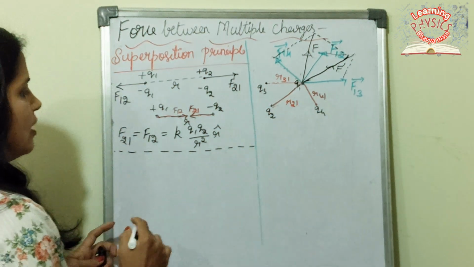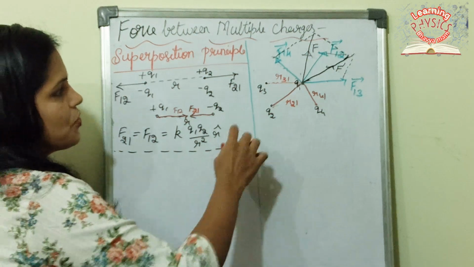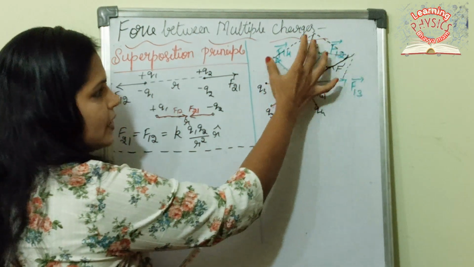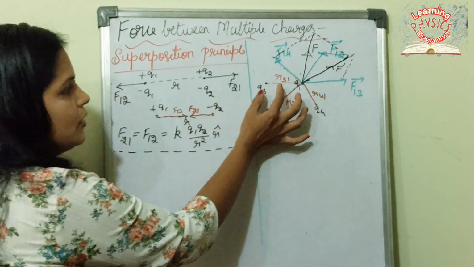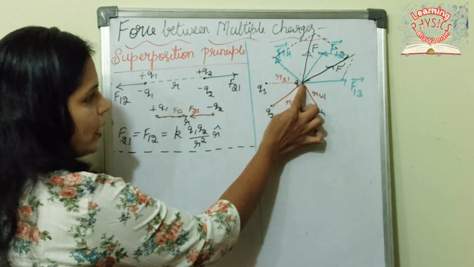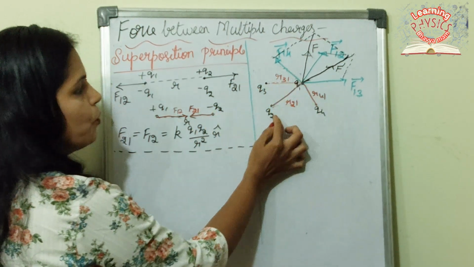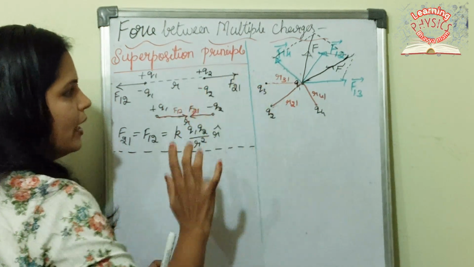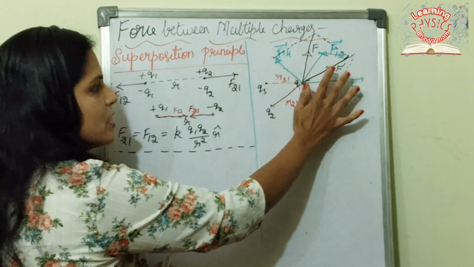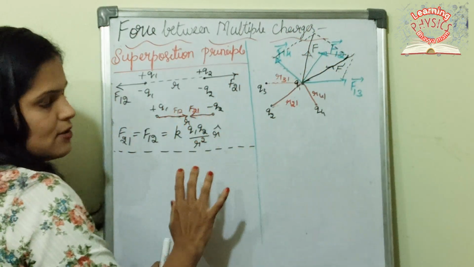Now instead of doing like this, it will be complicated for you to find. That's why I'll take only two charges. Q1 is the one charge on which two more charges exert a force. I'll take only Q2 and Q3, so that I'll make this picture easy for us to understand.